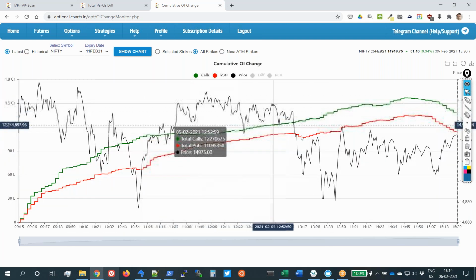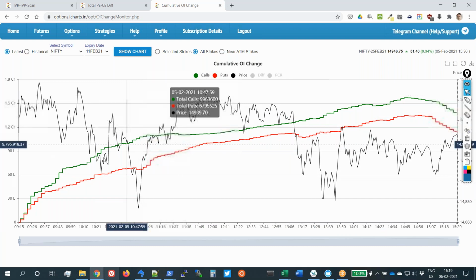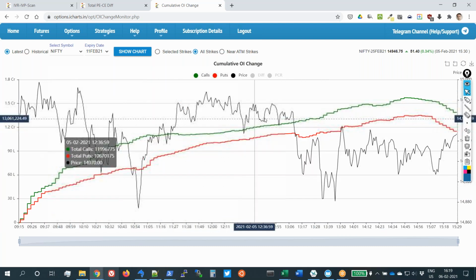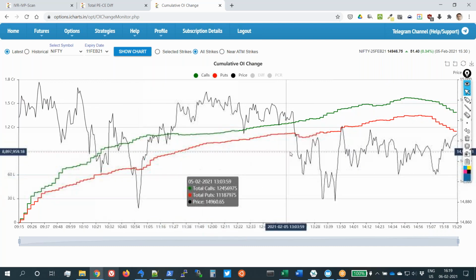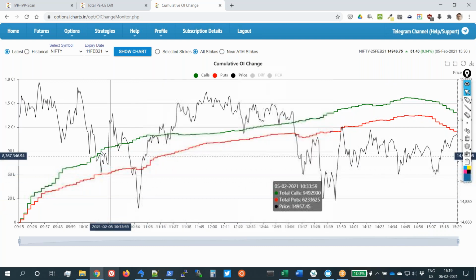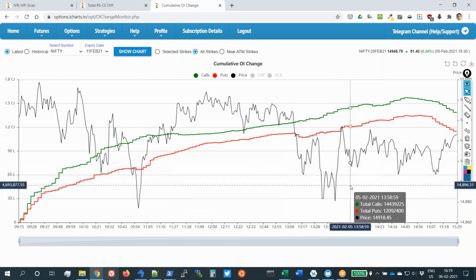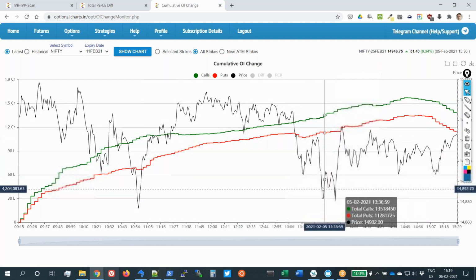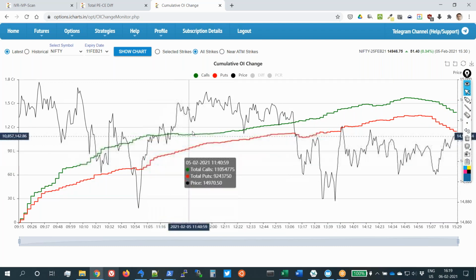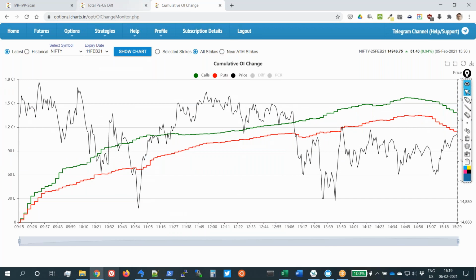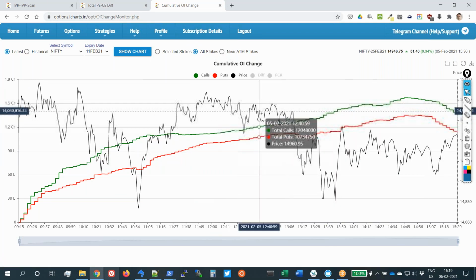For all strikes, the call OI change is continuously higher throughout the day and put is lower. So this is mostly bearish, flat to down, basically. So this is the second tool that I suggest you should keep open in the morning.